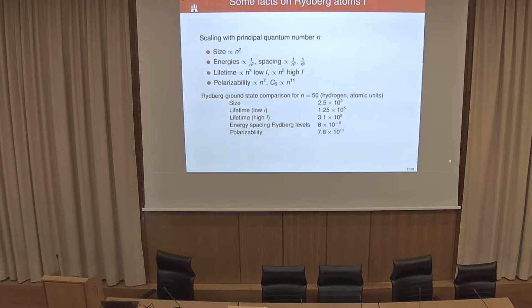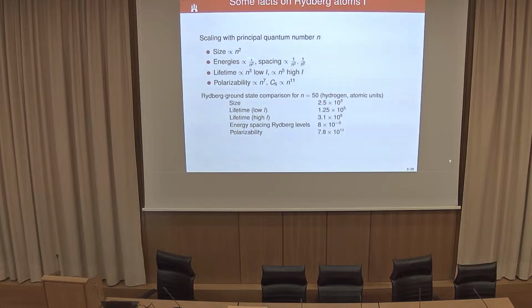When you say 1 over n to the 6th, do you mean a better approximation to the cubic, or is there no cubic term in the spacing? The spacing of 1 over n to the third would be if you take hydrogen. But 1 over n to the 5 is for the high L states, high angular momentum states.